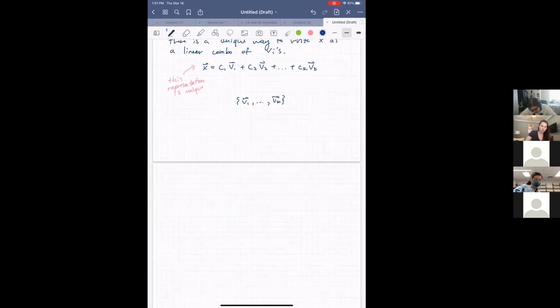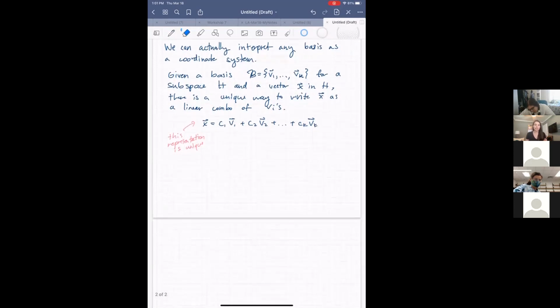Okay, so let's go over that real quick. The idea is we want to say that this representation is unique. So let's just suppose that it's not unique. This is just a quick proof. So suppose that this representation is not unique.